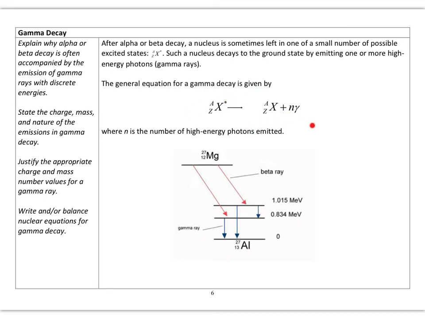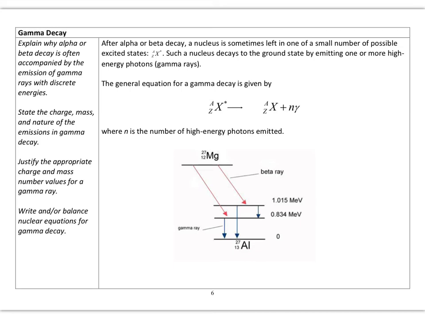Obviously, N is the number of high-energy photons emitted. So sort of what does this look like in terms of the energy? So let's think about here, and this would be an example of beta minus decay. You've got a magnesium here, magnesium 27, undergoes beta minus decay to form aluminium 27.